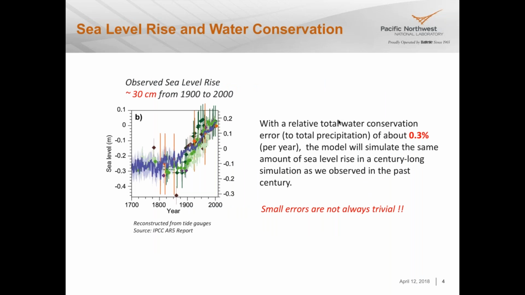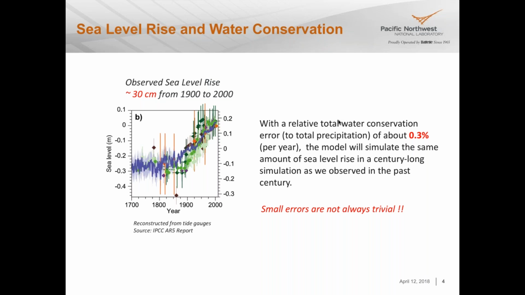Next slide. Here I show a figure from the IPCC AR5 report. This shows the sea level rise from the 19th century to year 2000. The observed sea level rise in these 100 years is about 30 centimeters.